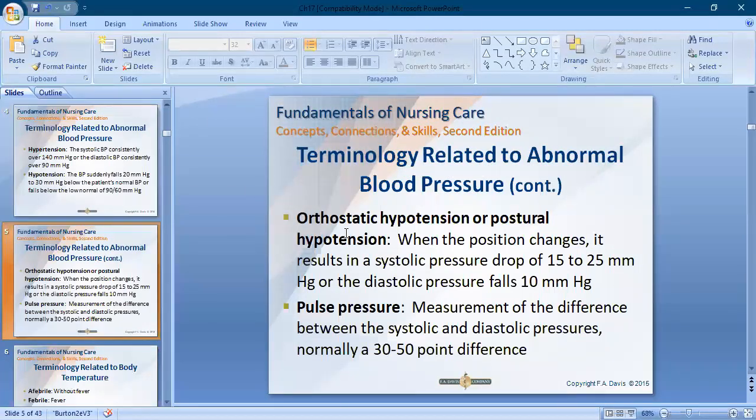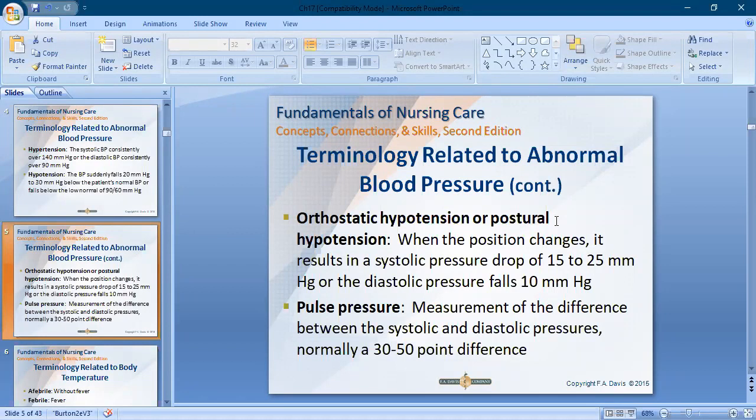One is called orthostatic hypotension or postural hypotension. Orthostatic hypotension means the patient's blood pressure changes when they change their posture. Like a patient in the sitting position suddenly stands up and blood pressure drops.